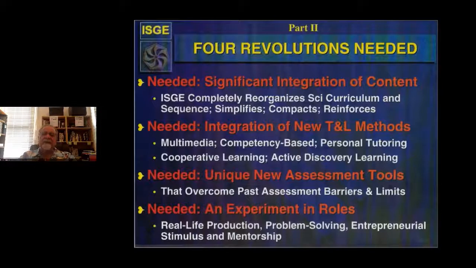You need the integration with that, though, of new teaching and learning methods like multimedia, competency-based progress, personal tutoring, cooperative learning, hybrid teaching, active discovery learning. We've thrown all of those in. It also has new assessment tools, which we made up to test whether we were getting a point over.